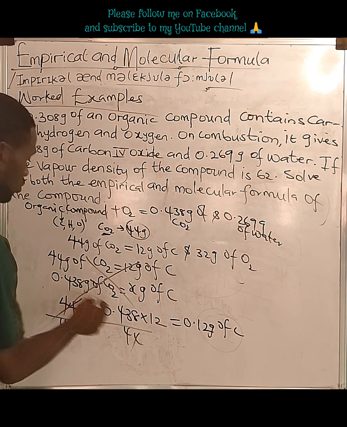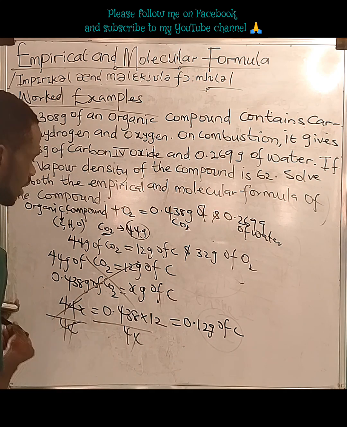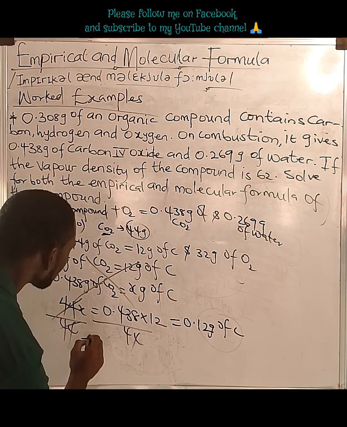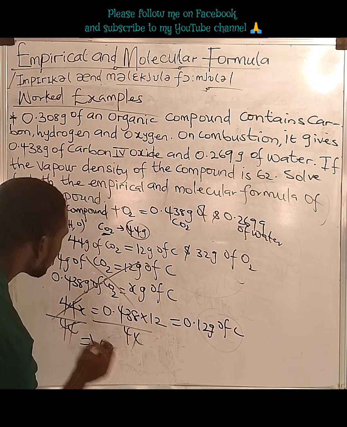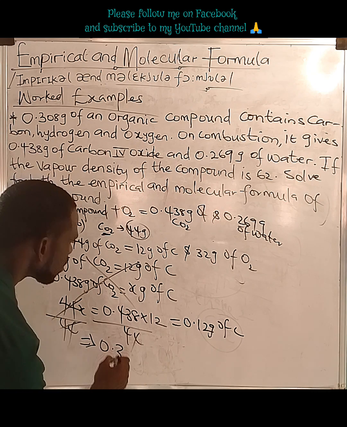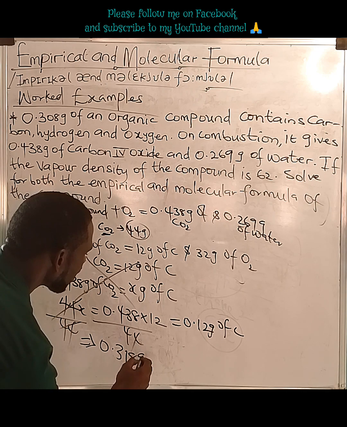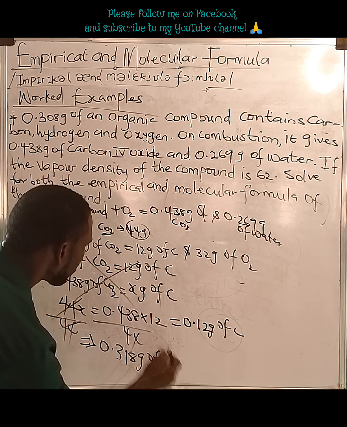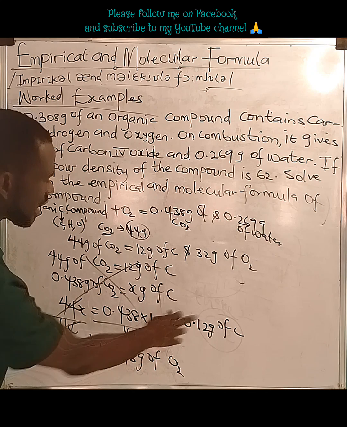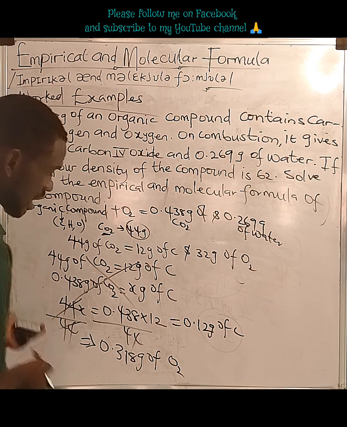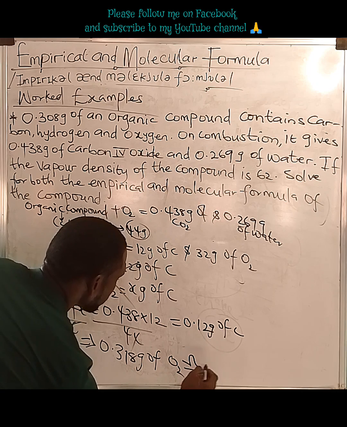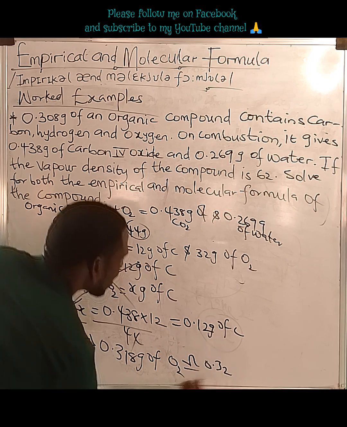That means it also contains, subtracting 0.12 from 0.438, 0.318 gram of oxygen. That's what it contains. When you add this together, you get 0.438 gram of carbon dioxide. You can approximate this to 0.32 gram.